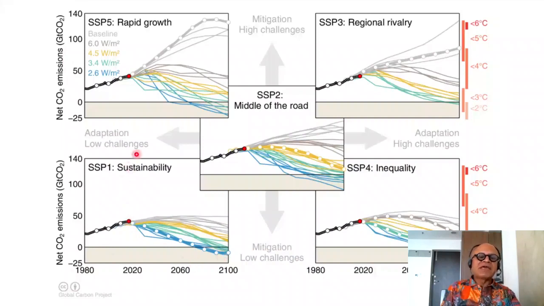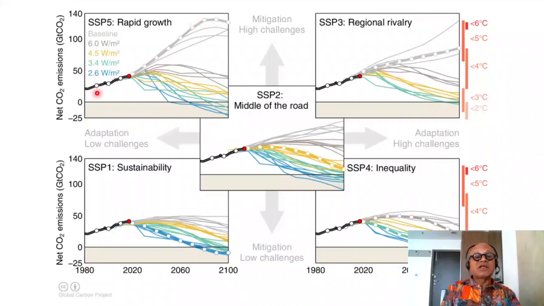You also combine them with how society will respond, whether it will opt for sustainability, whether it will opt for middle of the road, or it will not care about inequality, whether there will be regional rivalries, whether we will opt for rapid growth without worrying about climate change, and what kind of additional energy trapping will happen, starting from 2.6 watts per meter squared by 2100 to something like 6 watts per meter squared, or what is called baseline, which is about 8.5 watts per meter squared additional energy being trapped if we don't do anything or go as we are now.